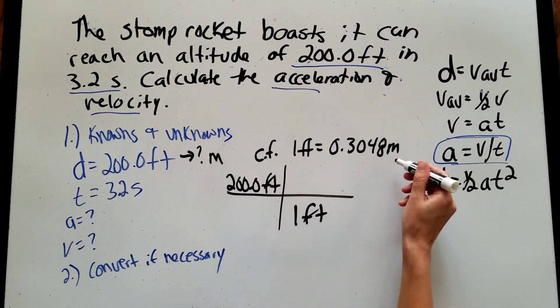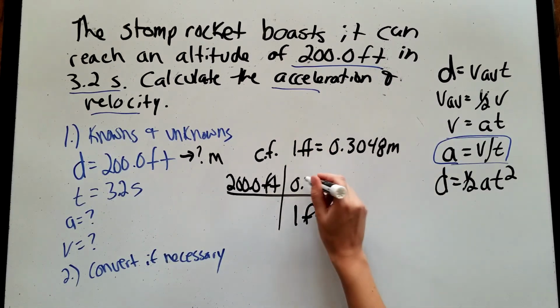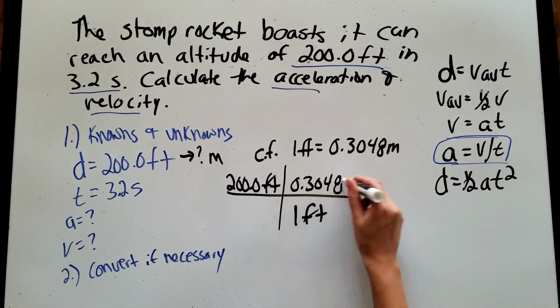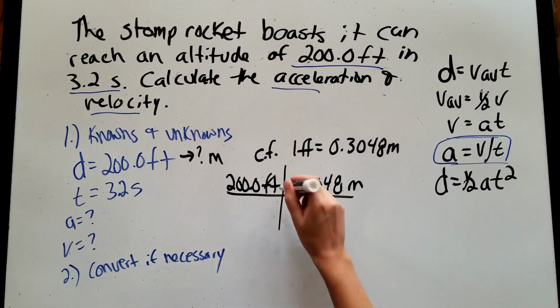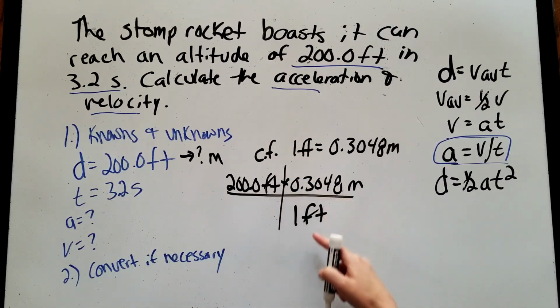That puts the 0.3048 on the top. So I'm multiplying across and then dividing by what's on the bottom. In this case, it's just a 1, so I don't really need to divide. Anything divided by 1 is just itself.